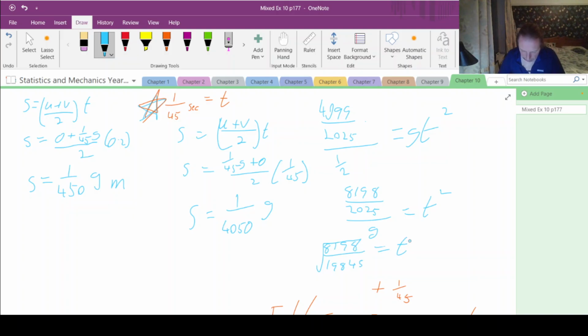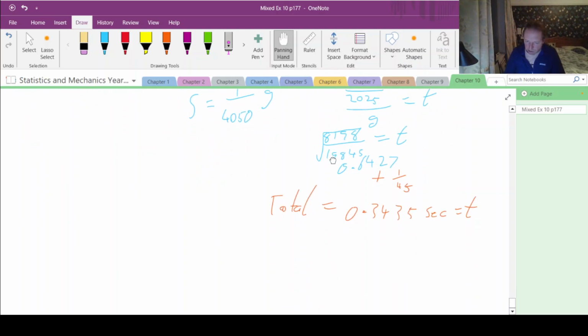So the square root of all of that comes out at 0.6427, okay, which I then need to add on the extra 1/45 of a second, and as you can see I'm already in the 0.6s, and when you add onto that 1 over 45, it gives you 0.66.